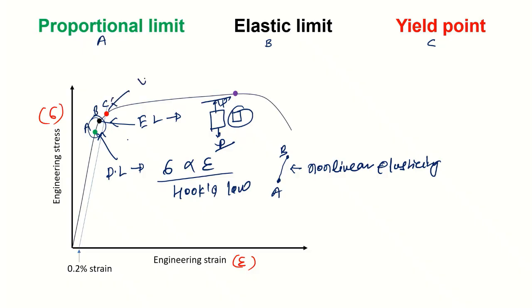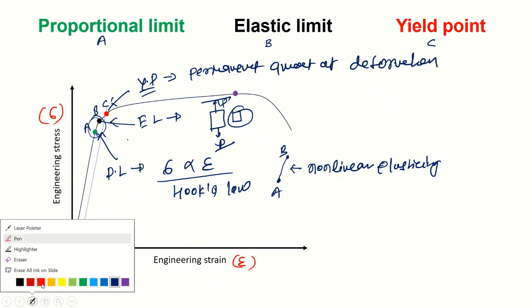Point C is known as the yield point, where we can see a considerable, or we can say permanent, amount of deformation.